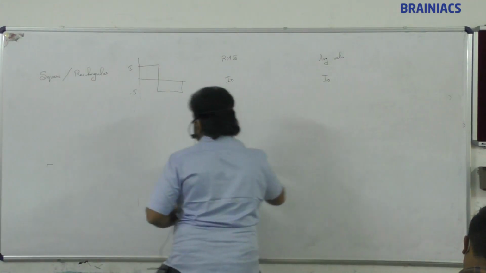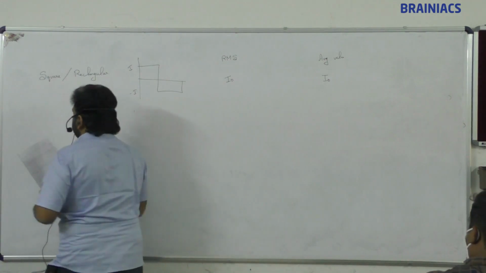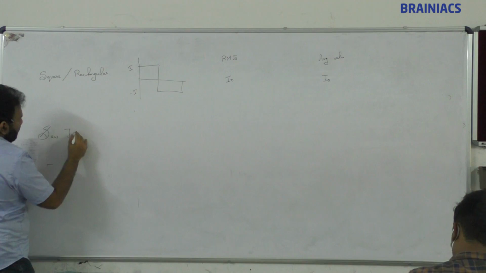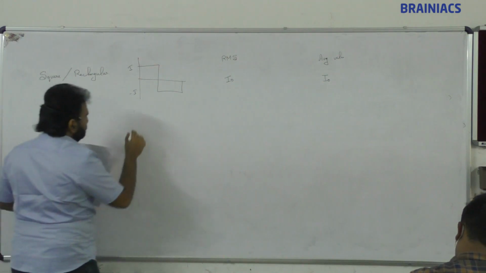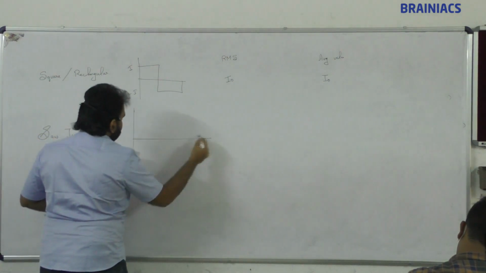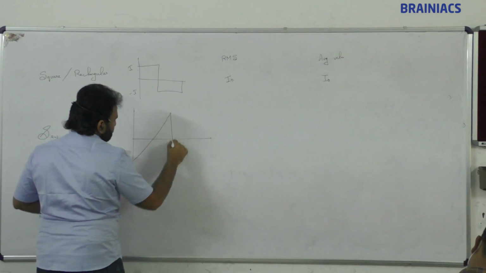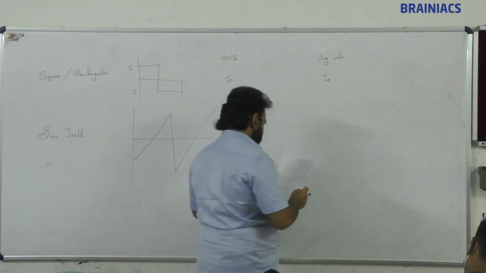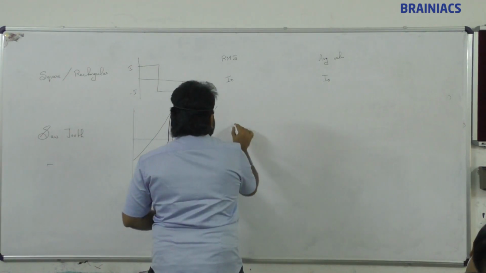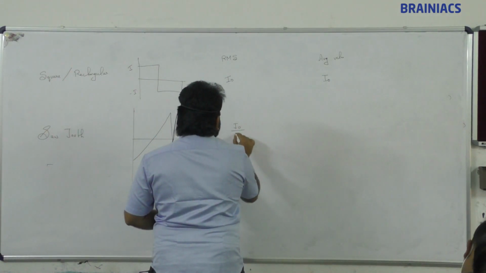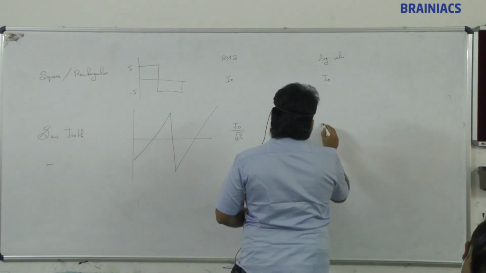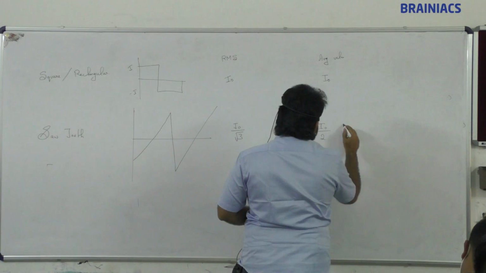One more thing I will give, sawtooth. Just like this. So here the RMS value is going to be I naught by root 3, and the average is going to be I naught by 2 for half.